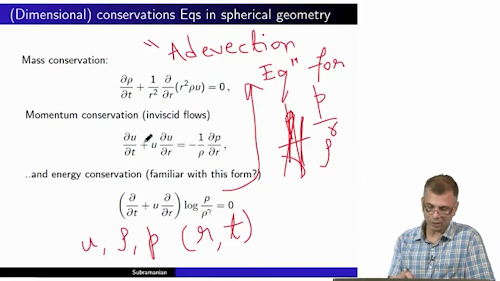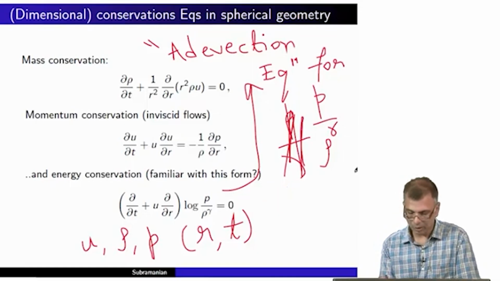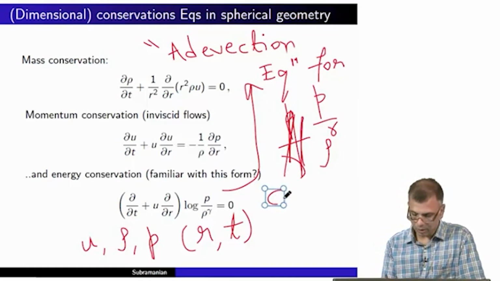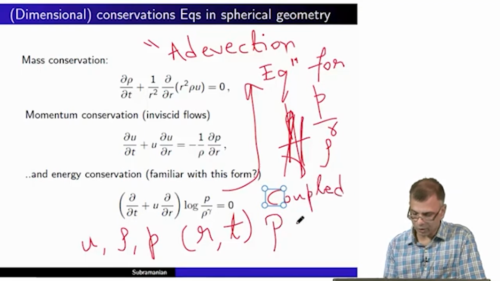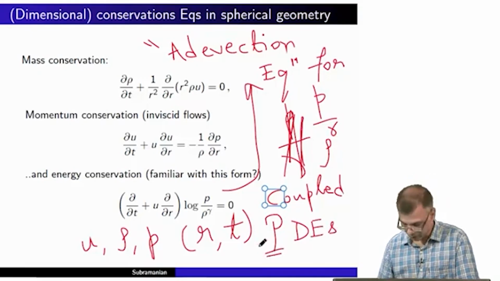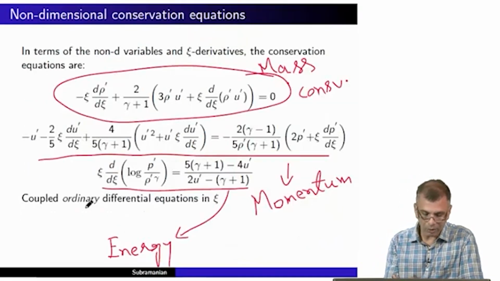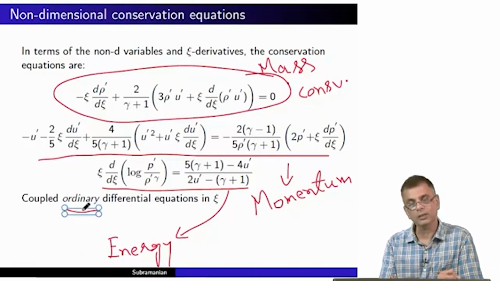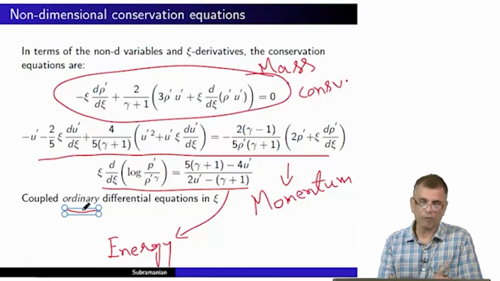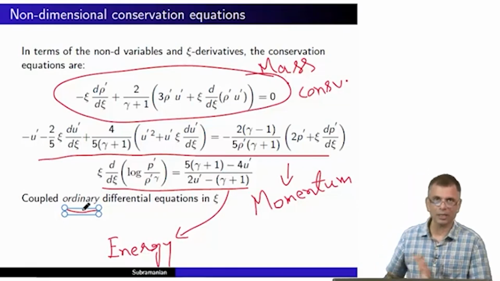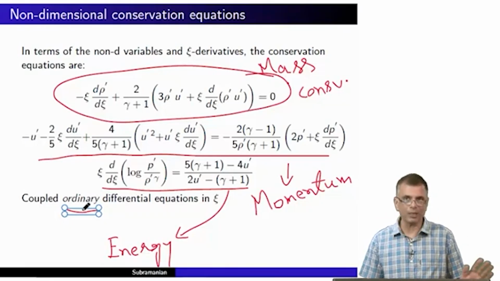These three were coupled PDEs, whereas now the very same thing, you have coupled ordinary differential equations. And there is a big simplification arising, of course, from the assumption that the expansion and everything is self-similar, admittedly.